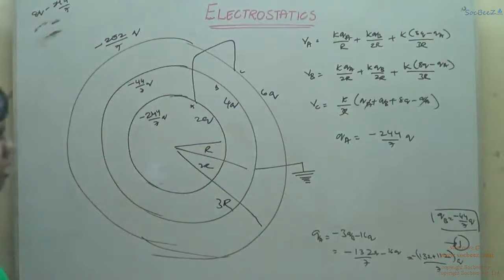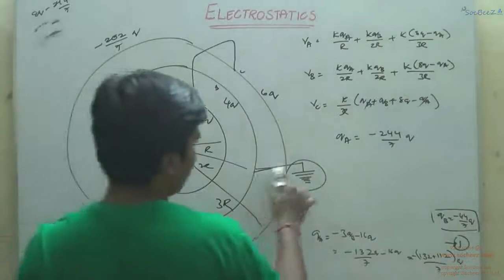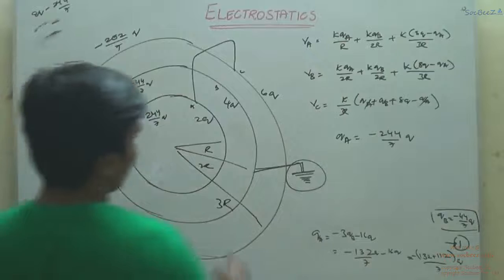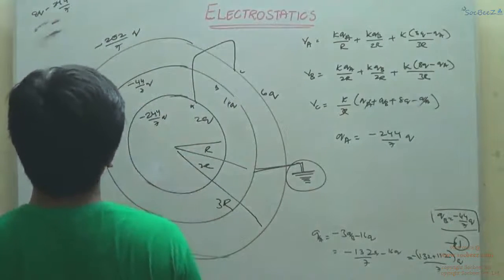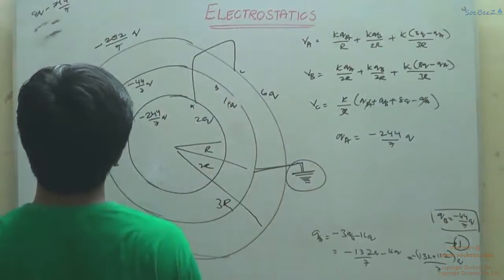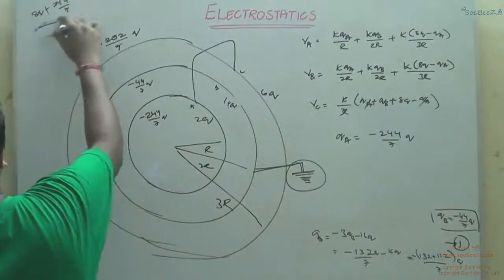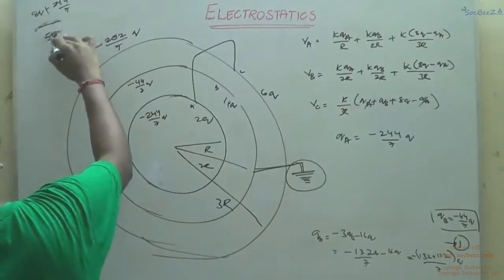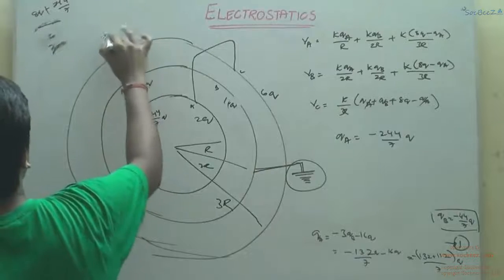Thus, I think that the concept of earthing is clear to you all. Earthing basically means that to whichever conductor the earth is connected, we make the potential of it to be zero. And an important point to notice, at that moment the charge will not be conserved. Here it is 8q plus 56 plus 244, so this is 300.